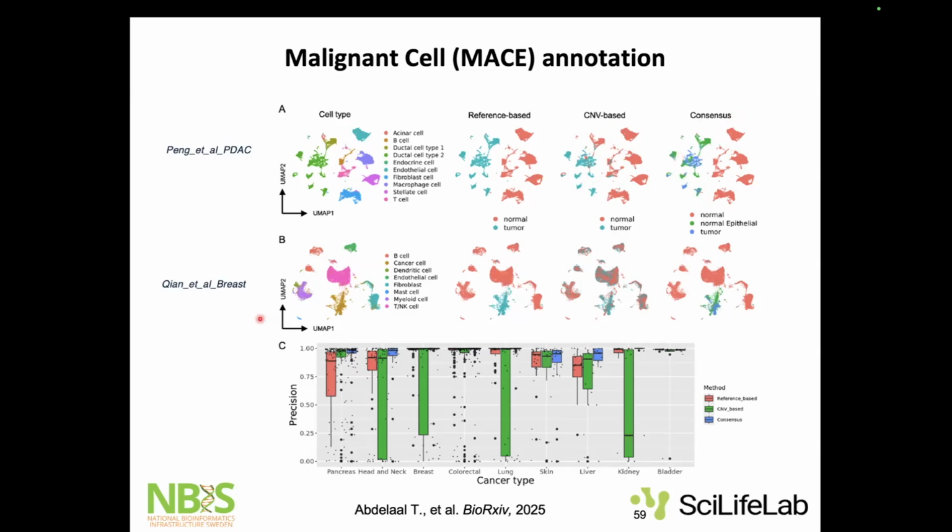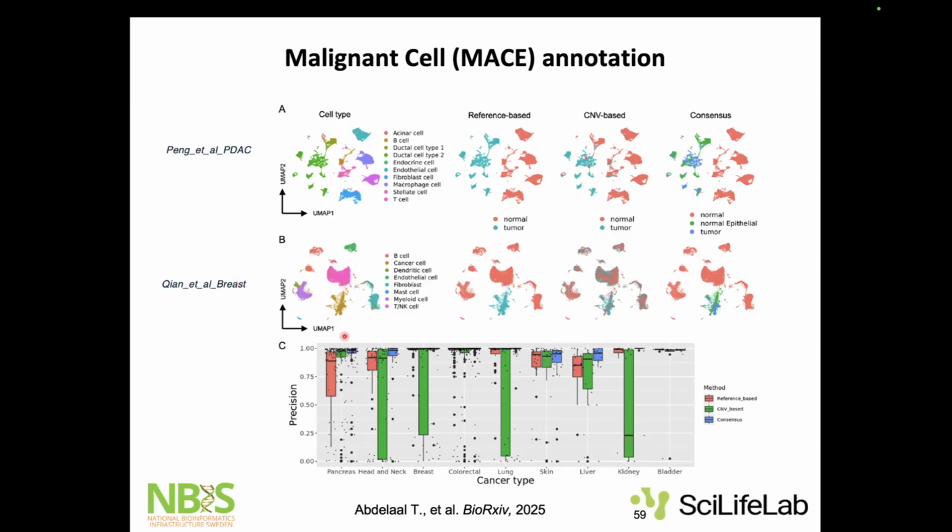And for breast, for example, it's one of the data sets that doesn't have very strong copy number variation. Just keep in mind that copy number variation is not something that all cancer data sets have. Some cancers are stronger on copy number variation and some are weaker.